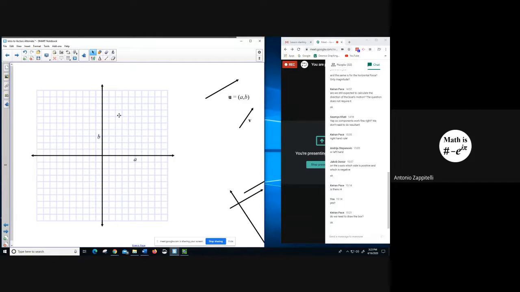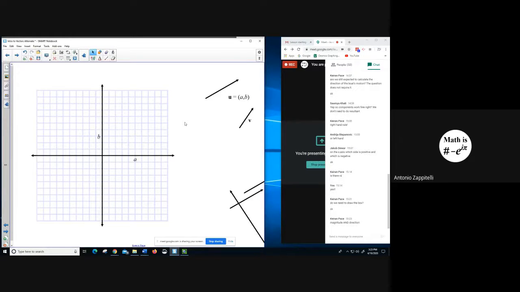So we have to remember, what are the two things that tell you what a vector is? What are the two pieces of information that define a vector? Magnitude and direction. What is not important in defining what a vector is? There you go, position.